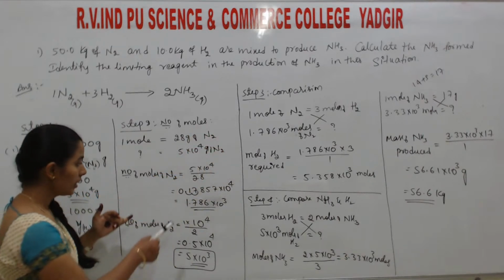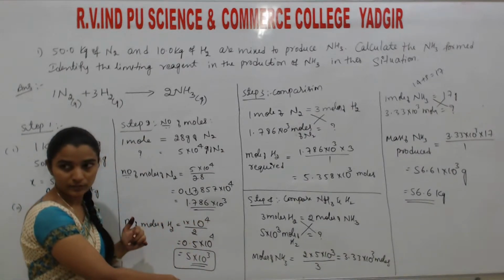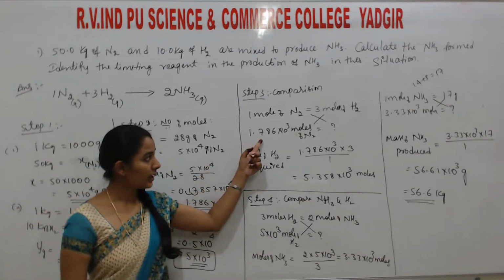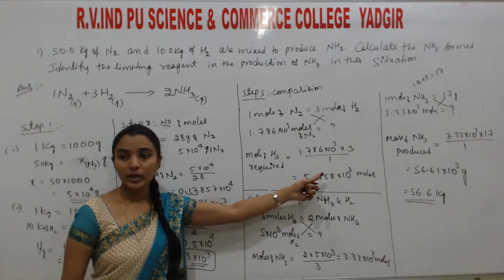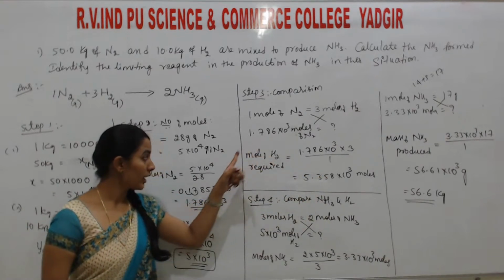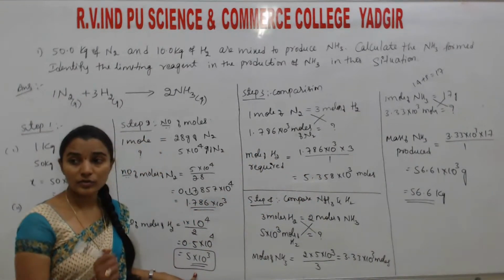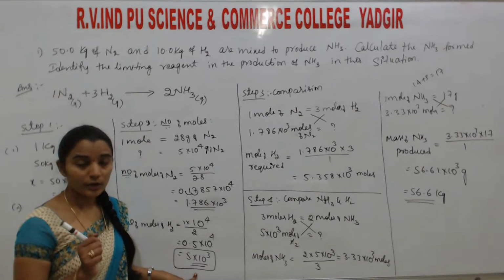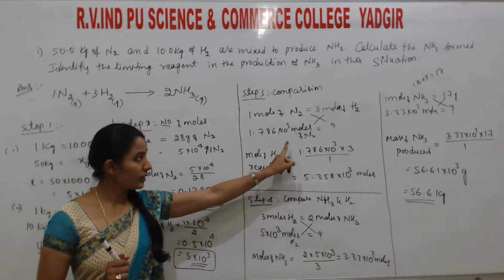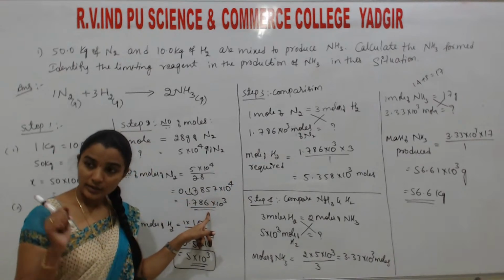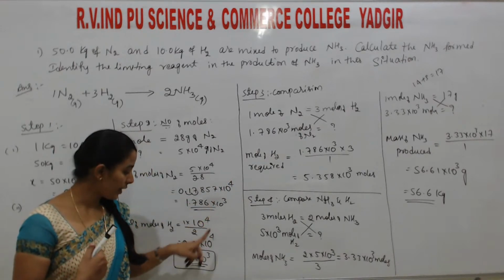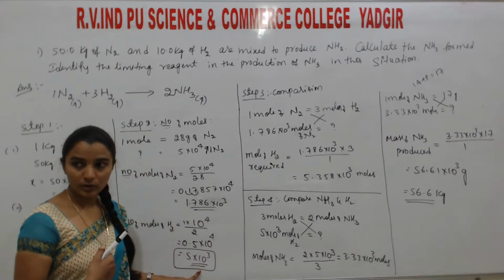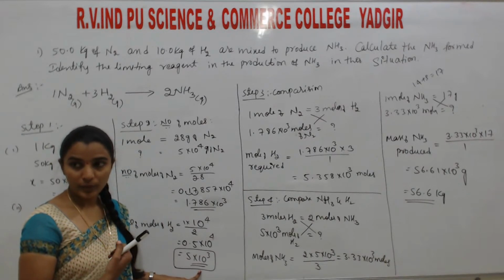Listen how to compare. Here you have obtained moles. Next, you have to calculate how many moles of H2 are required for this, and how many moles of N2 are required for this, individually. I did that, and 1.66 you got as the answer.